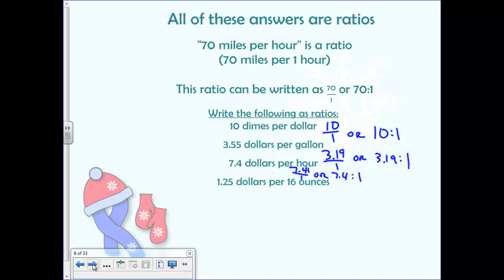I could put my zeros on there. $1.25 per 16 ounces, or $1.25 to 16. Ratios.